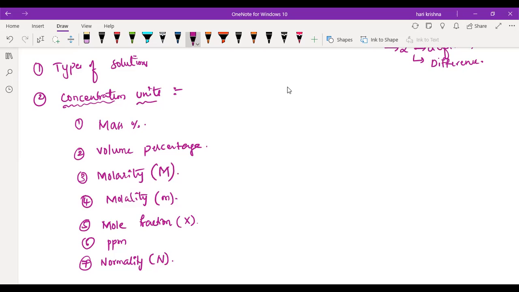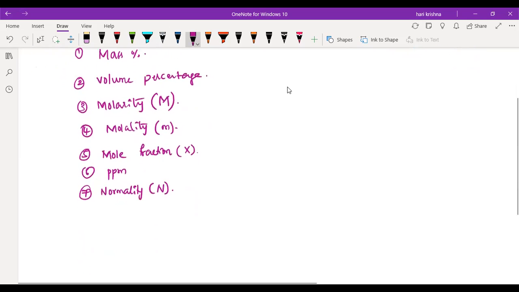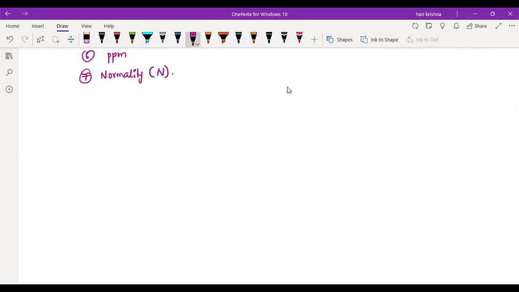So this is the second subtopic. First one, we will study the types of solutions. Second one, we will study the concentration units. Third one will start with the vapor pressure. In this we'll study about the vapor pressure of liquid, the definition part.